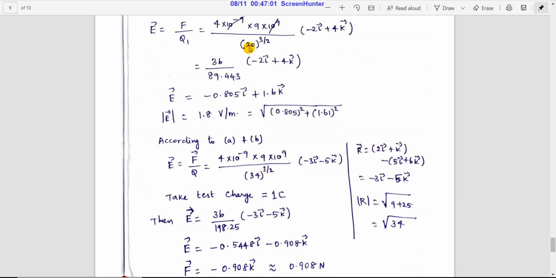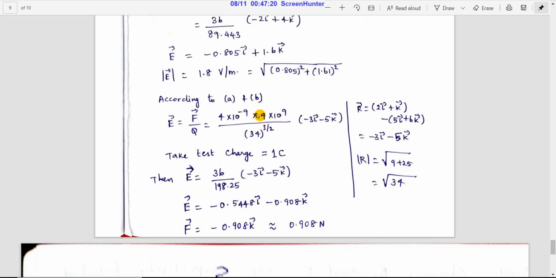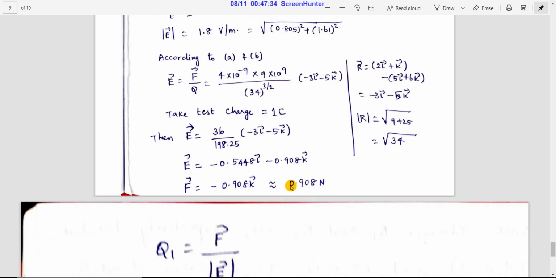Then you will be having R cube. So this R cube value is root of 34 power 3, so 34 power 3 by 2 can be written. R vector value is minus 3i vector minus 5k vector. If you substitute and reduce, then you will be getting value of 36 divided by 198.25, which is along the particular minus 3i vector minus 5k vector.